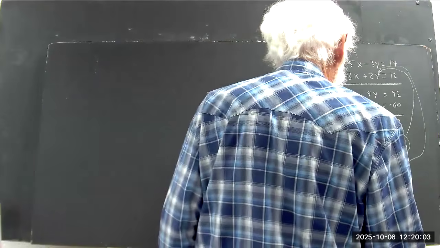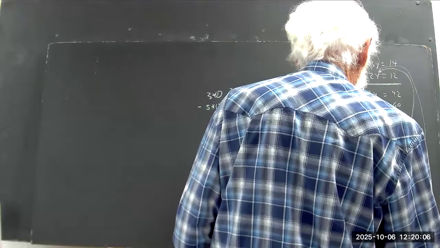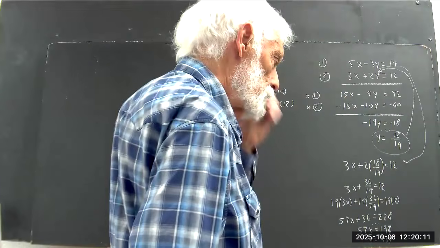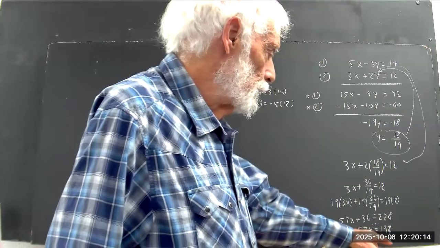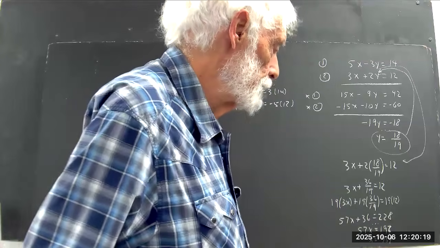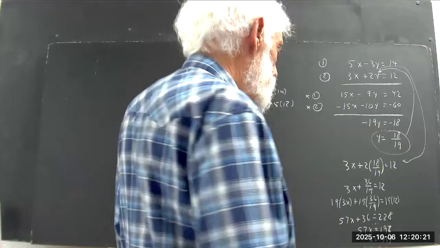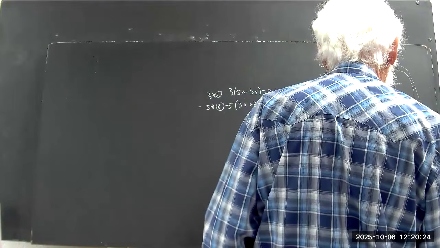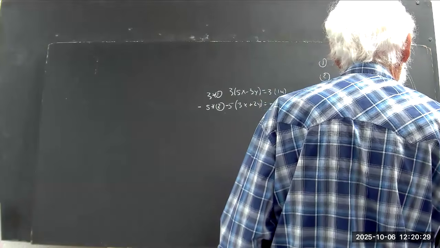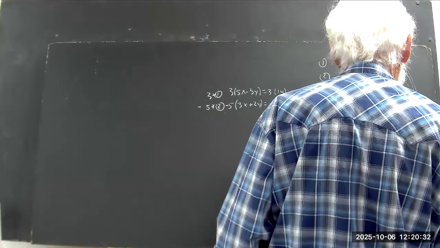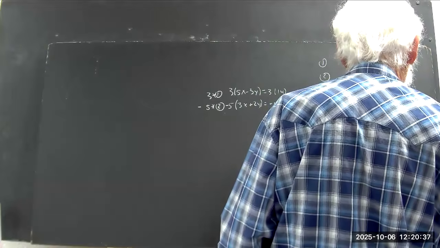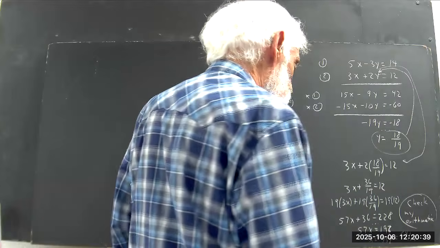I don't know how I got 191 out of that. So 192 over 57. They're both divisible by 3. So that would reduce down to 64 over 19. And I think I'll make myself a little note, check my arithmetic.